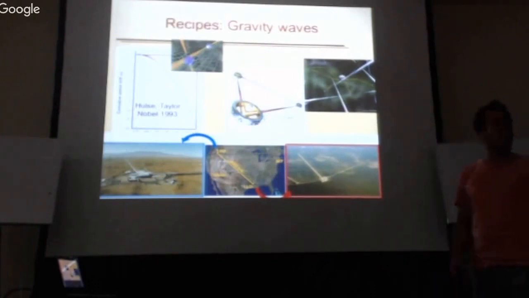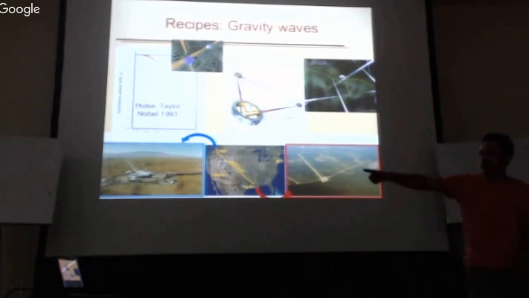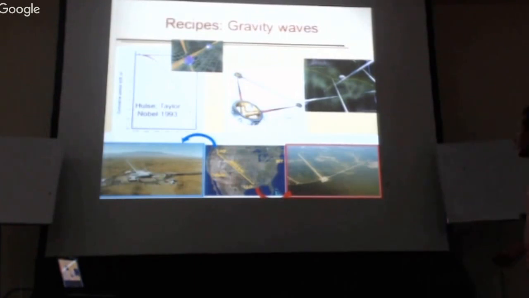So now we use interferometers, and basically the idea is to send light from here to there and bounce it, and then from here to there and bounce it. If I have control over the distance, I know what the interference pattern will be. However, if these distances get modified by a gravitational wave, then the pattern will change. And the big question is if I have the resolution to actually see it.